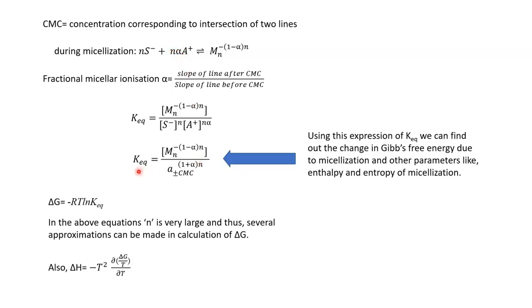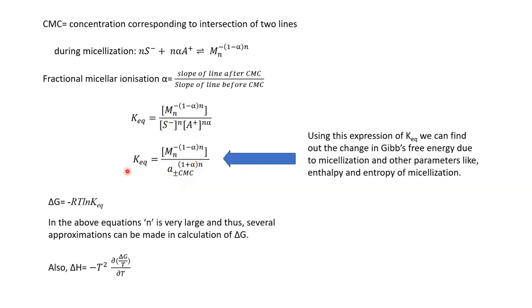So K equilibrium can be approximated as micelle concentration divided by A plus CMC raised to the power 1 plus alpha multiplied by n, where A plus minus CMC is the mean activity of S minus as well as A plus. So this is an approximation we can make.